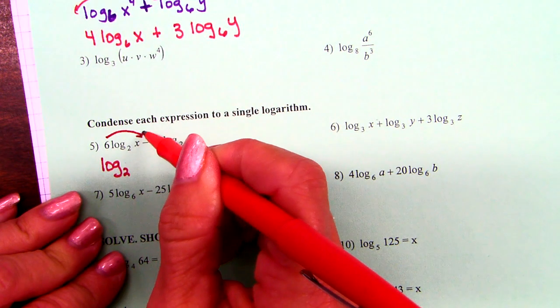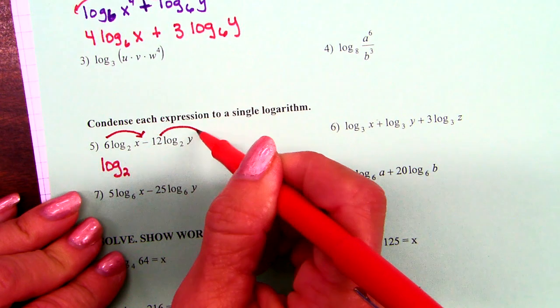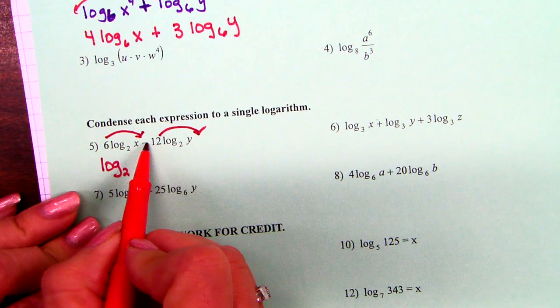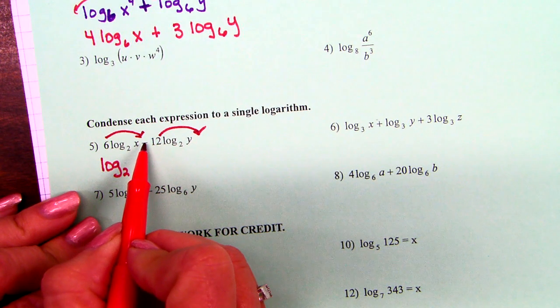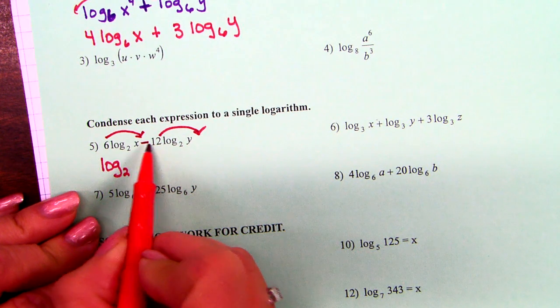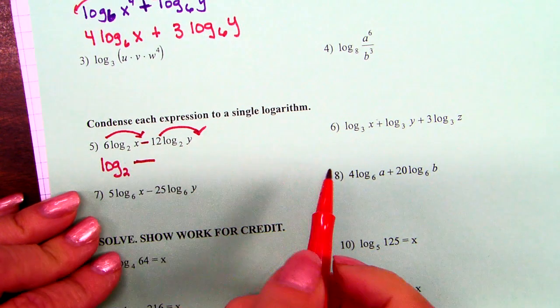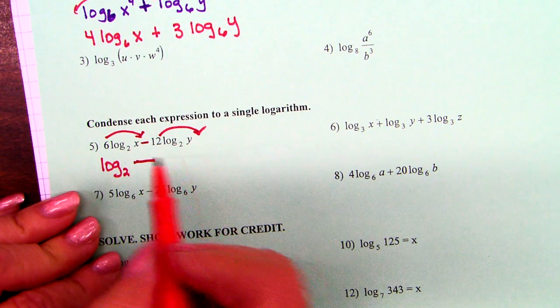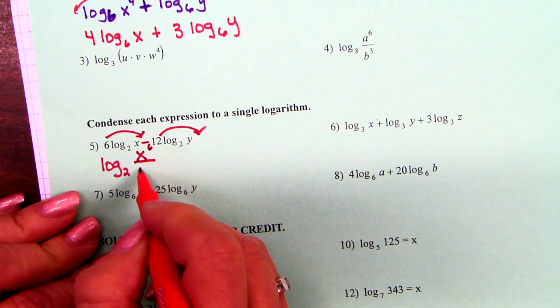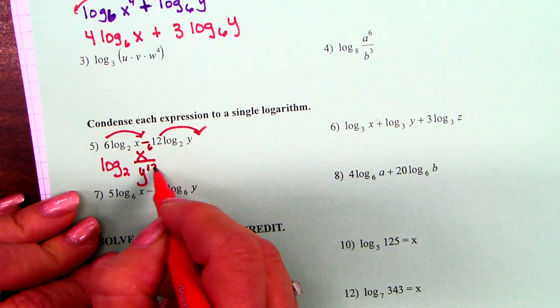We can write it as a power. And then the subtraction in the middle means what? Division. Guys, think of the minus symbol as like a fraction bar or division bar. Okay? That's x to the 6th over y to the 12th.